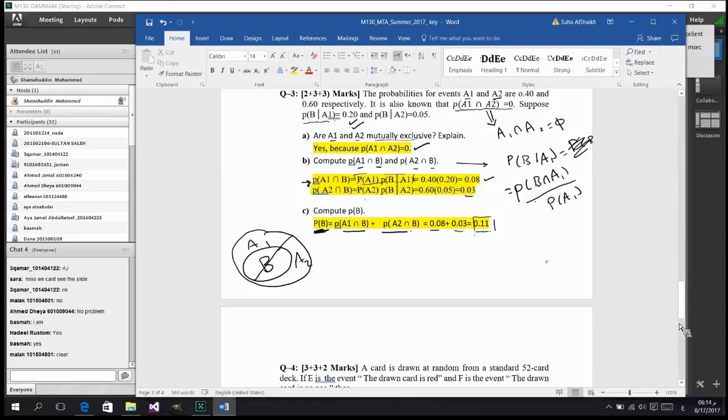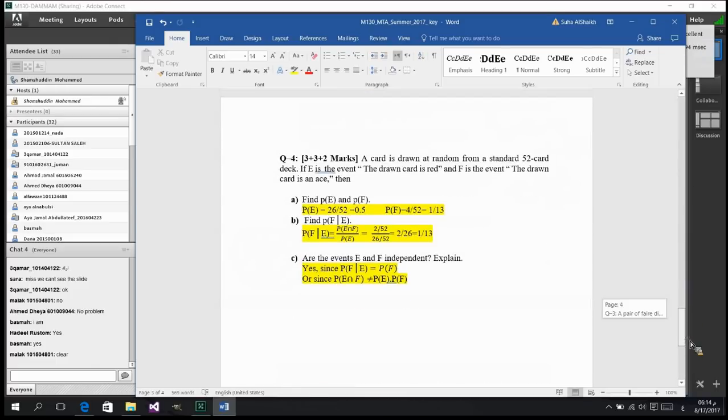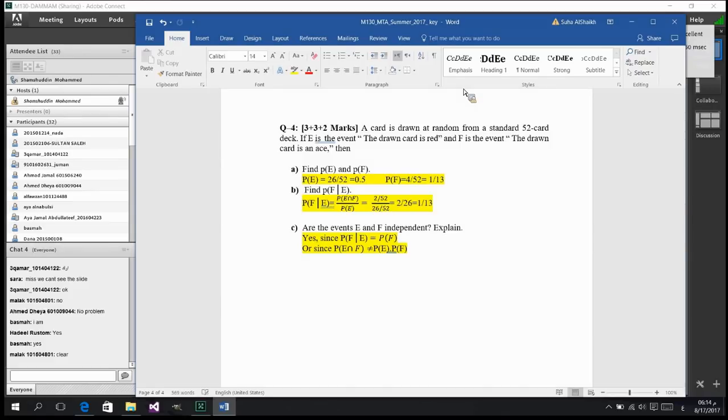Okay, question 4 is about the cards. Now we have a playing card deck of 52 cards. We have 2 suits that are red and 2 suits that are black, right?